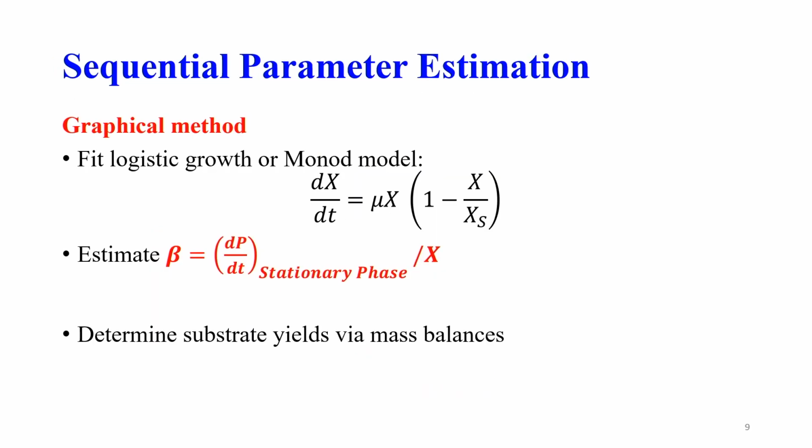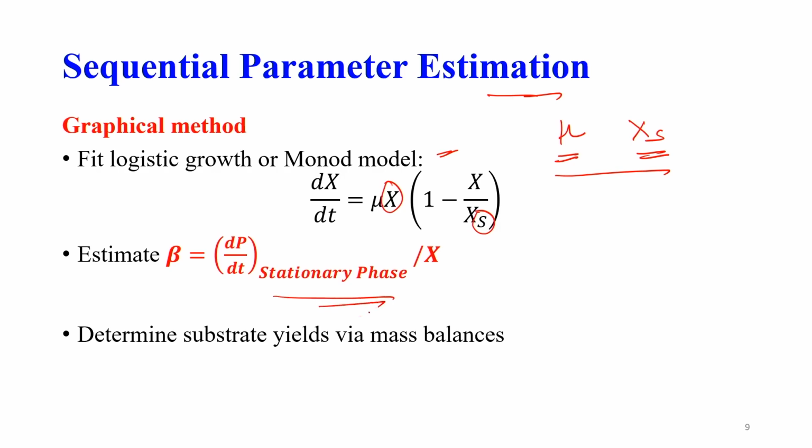Now, how to estimate these parameters? First, you have to find the specific growth rate and the saturation or maximum value of x. For this, the simple logistic equation or even the Monod equation can be applied to get these two parameters.